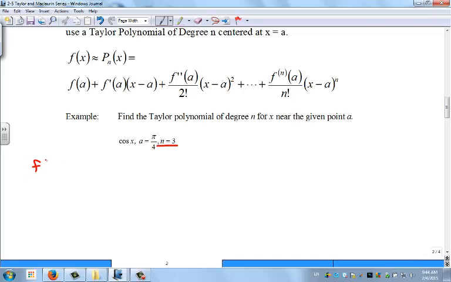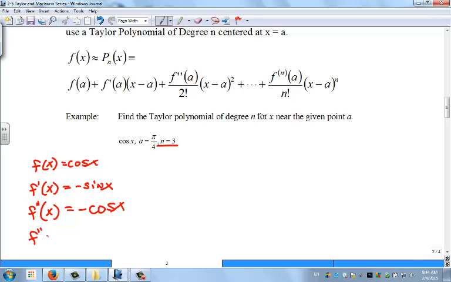So f of x, of course, is equal to cosine x. F prime of x is equal to negative sine of x. Great practice here. F double prime of x is equal to negative cosine of x. And f triple prime of x is equal to sine of x.